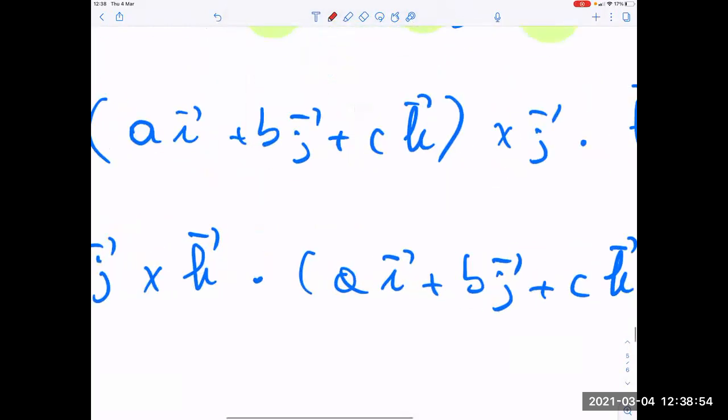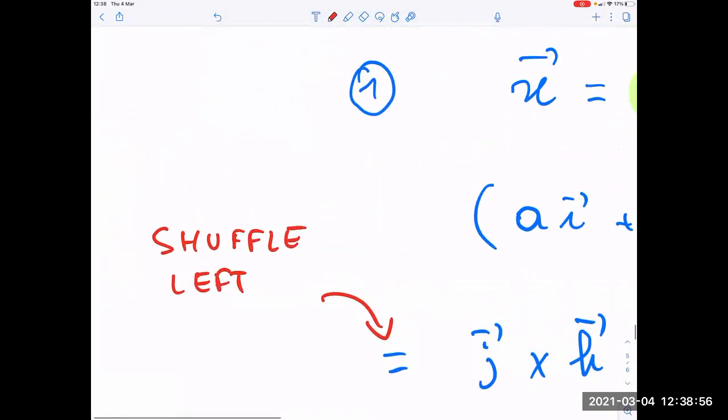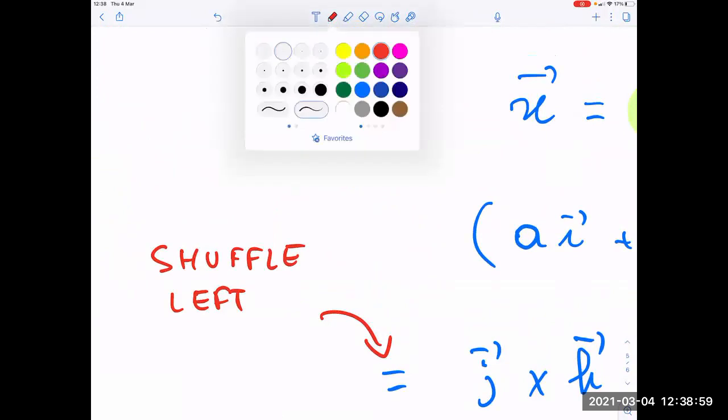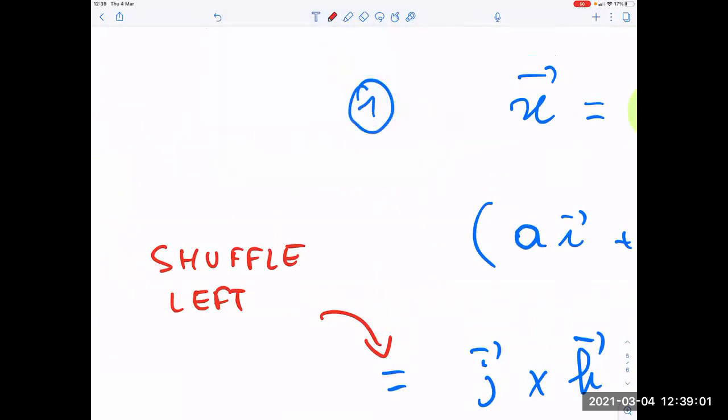However, I will tell you more about the shuffling business. And I'll do it here. So let's put it here. What do I mean by this shuffling business? I mean this. I mean that V1 cross V2 dot V3 is equal to V3 cross V1 dot V2, which is equal to V2 cross V3 dot V1.